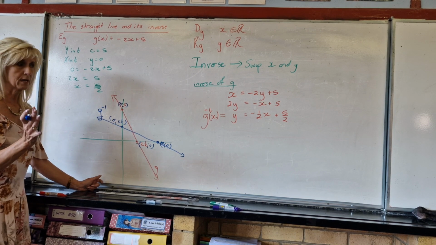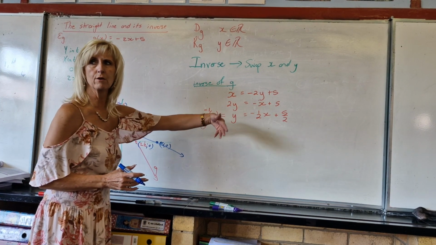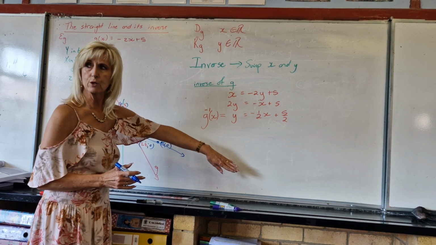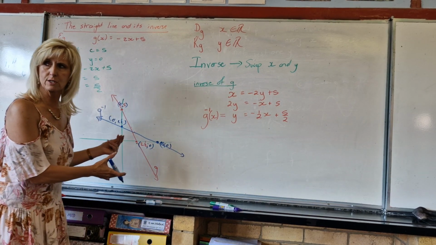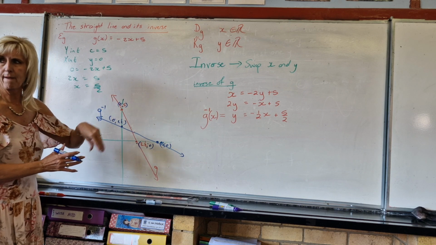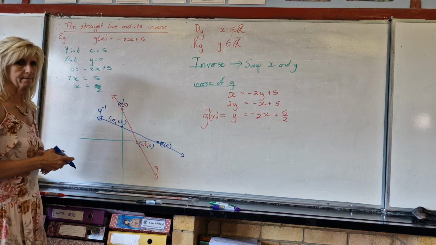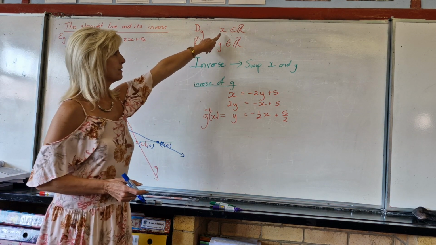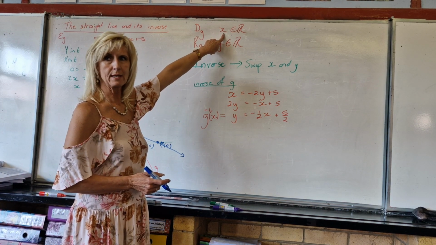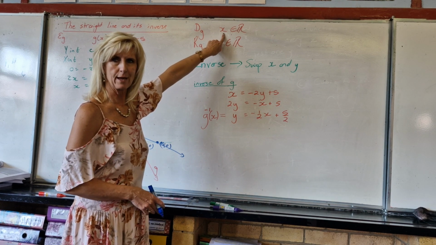That's it, inverse. Could I have gone and said, well, find the x-intercept by putting y equal to 0, find the y-intercept by putting x equal to 0? Obviously you can, but this is just so fast, once you know what you're doing, that you're swapping x and y around. Right. What else would be changing? Now, the domain won't be x is an element of R, but this is a stupid example because it's going to look the same.